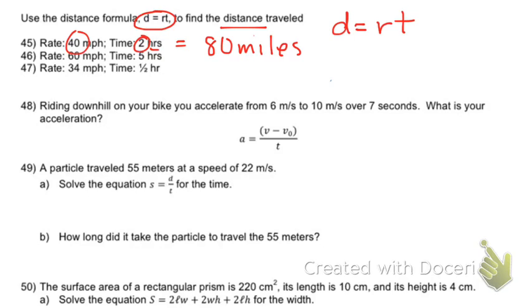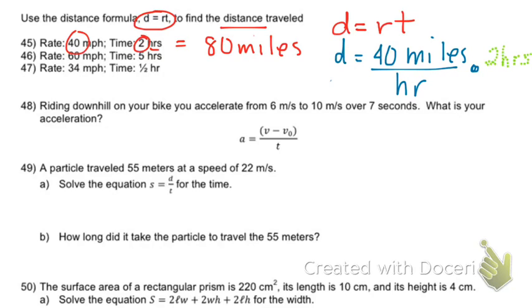Okay. And by units that cancel out, if we look at the equation, here's what I mean. Distance equals, and I'll put my rate in, 40 miles for every hour. I'm taking it times 2 hours. Sorry about that. I need to fix that spacing thing up there.